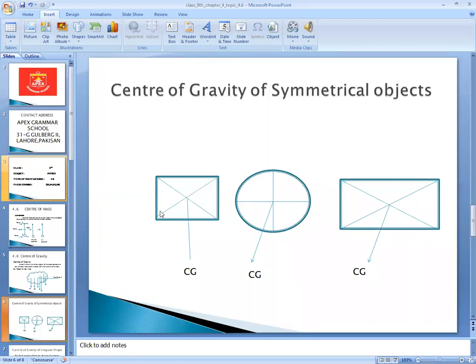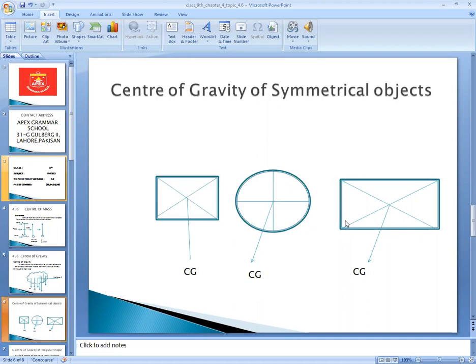If I take this diagonal and this diagonal, where these two diagonals cut, this point will be called the center of gravity of the square. If I consider the circle, where my diameters are cutting, this is the point which will be my G, or simply I say center of gravity.